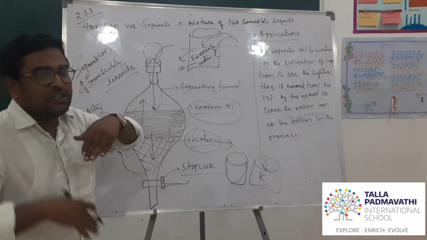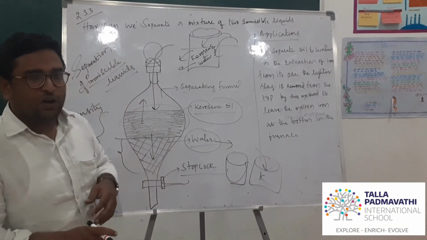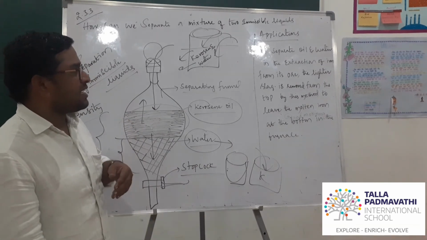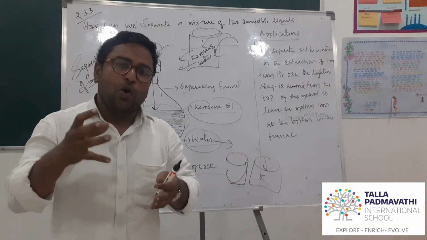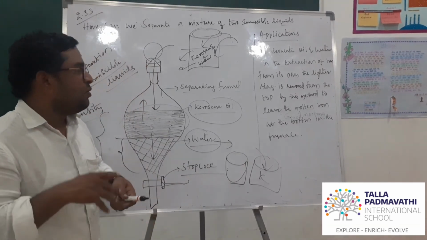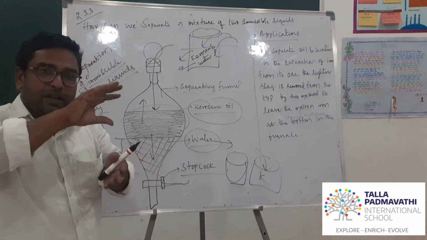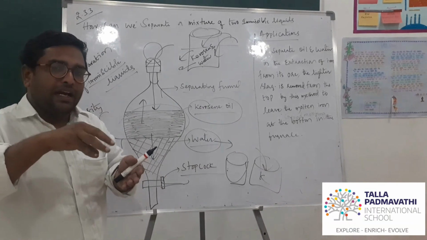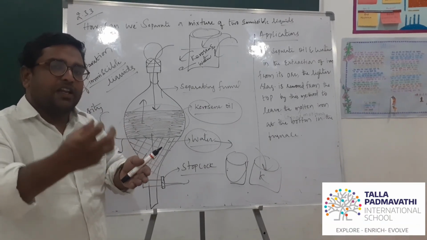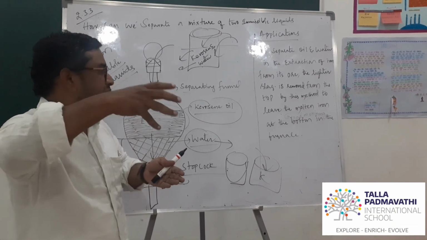Now let's see what the major applications of this separation technique are. Oil and water can be separated by this technique. And even in the extraction of iron ore, which is present in molten form, the slag will be on the surface of the molten ore and the molten iron at the bottom, because molten iron is of higher density compared to the slag.